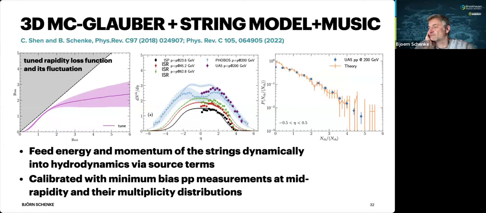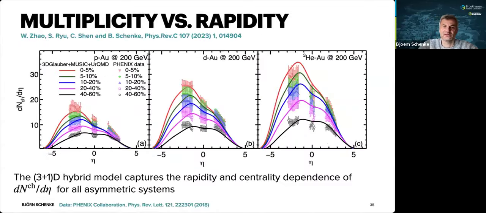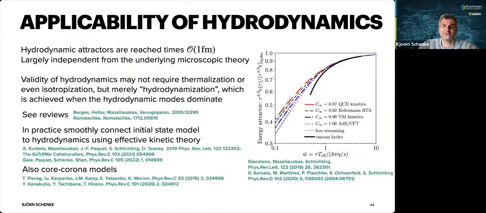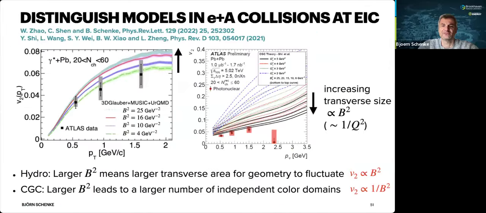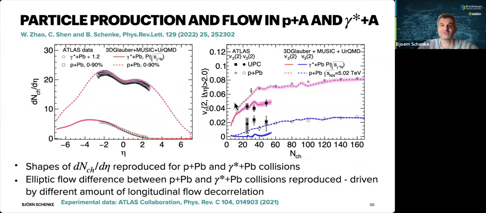Yeah, no, I think that you can certainly do. As I said, I don't expect the LED to be far off from the data, if not even very good. But we haven't looked at the LED with this particular tune. We will certainly try that, right? This model in particular has a lot of parameters. That's the downside of this 3D model, which describes all the baryon stopping and all these things. It's not as nicely constrained as a more first principle calculation, like the CGC or IP Glasma would give you.